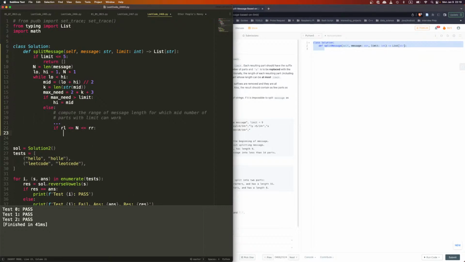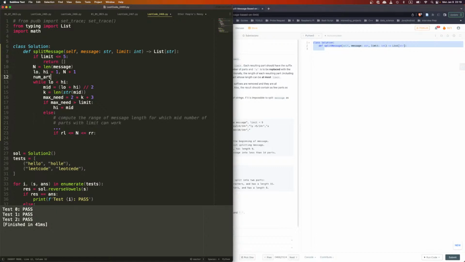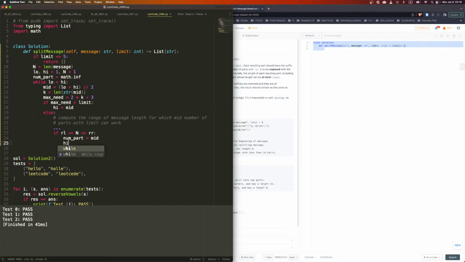If that's true, then we can say num partition equals math.inf. Then num partition equals the minimum of, actually that's fine, if it's good then we'll just set it to whatever we have, mid, right? That's good. Then we're going to make high equal to mid.